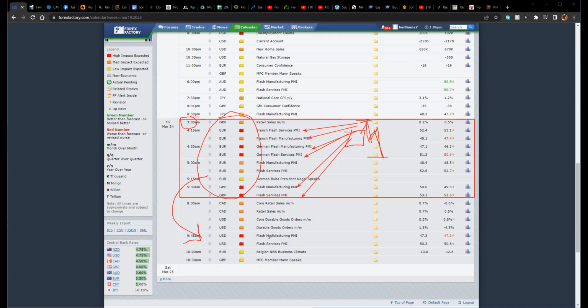So if a pair has, for instance, pound dollar has maybe 110 average daily range pips, you can expect to see a good 75-80% of that pip range pretty much done by New York.